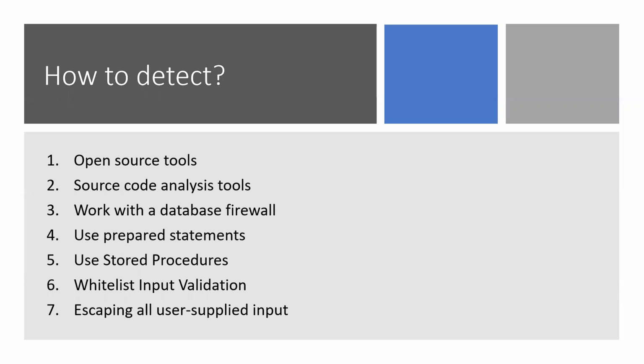First one is open source tools. To make detecting an SQL injection attack easy, developers have created good detection engines such as SQL Map or SQL Ninja. And then next we have source code analysis tools.